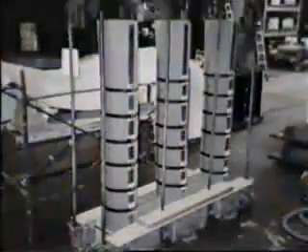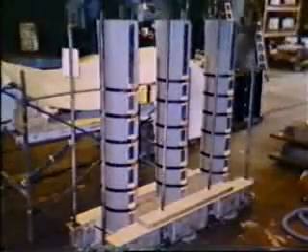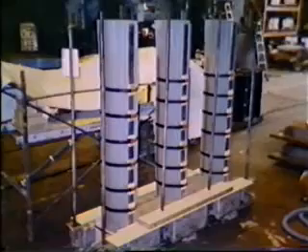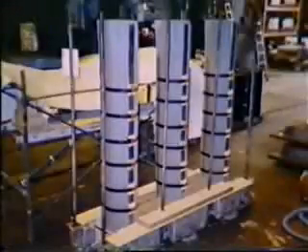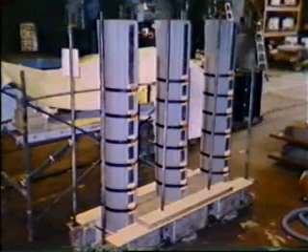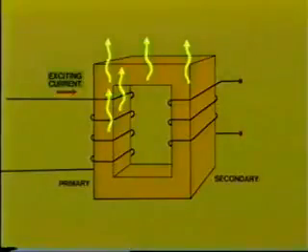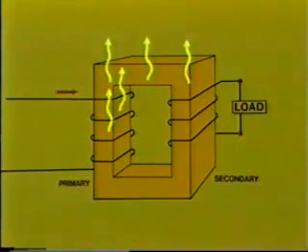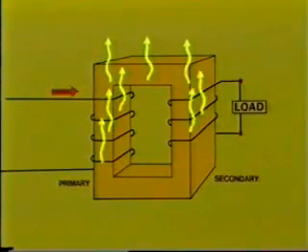These losses are present all of the time and cannot be reduced without replacing the transformer with a different design. Because no-load losses represent such a significant loss of energy, much research is currently underway to investigate new transformer core materials. The second component of transformer losses occurs when load current is flowing through the transformer windings.